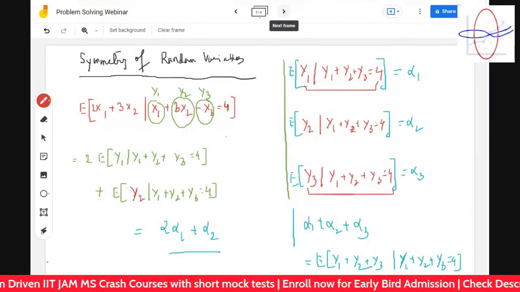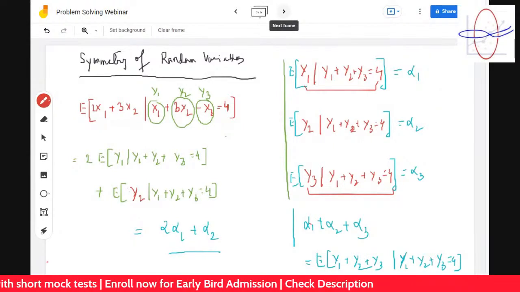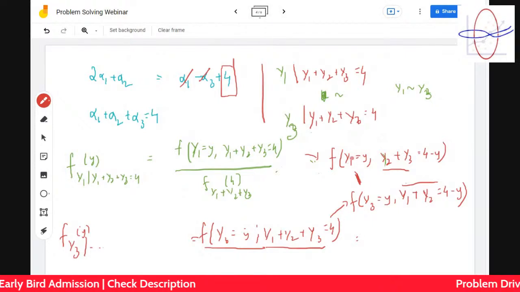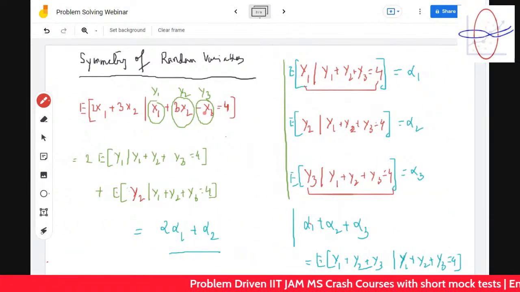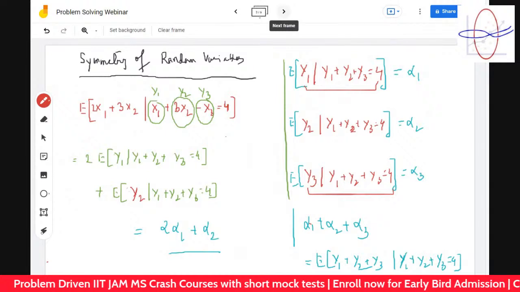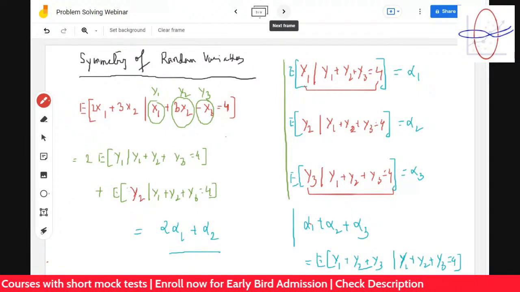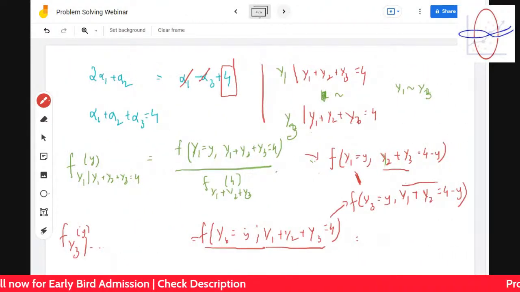You prove from x1 and x3 they both are similarly distributed, so that alpha 1 and alpha 3 are equal. Yes, y1 and y3 are similarly distributed. x1 and minus x3 are similarly distributed. y3 is minus x3. Why? Because if x3 is standard normal, minus x3 is also standard normal, right? Because it's symmetric around 0.